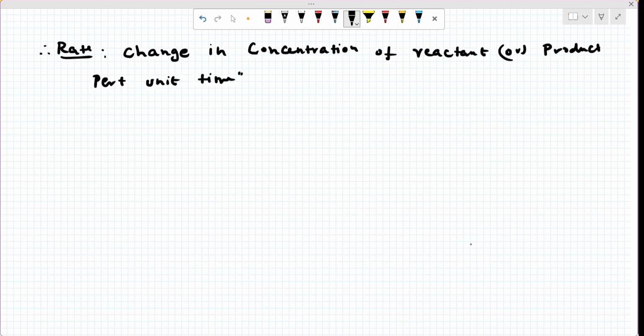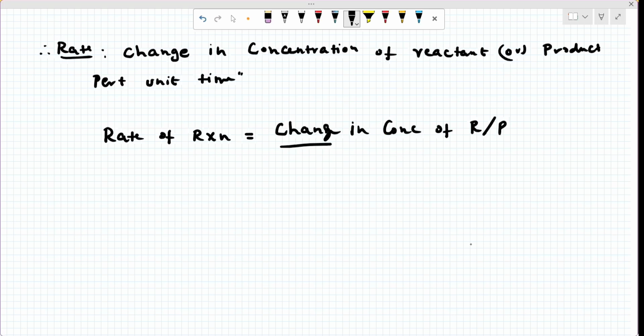You got the point? Therefore, the rate of reaction, a very important formula: the rate of reaction is equal to the change in concentration of reactant or product divided by the time taken. We got the point.